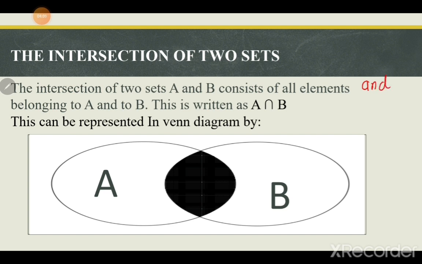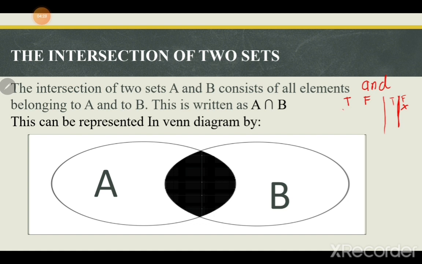If you are familiar with AND as a logical notation, we have true, false, and so on. If one element is not true to both, therefore there is no intersection.